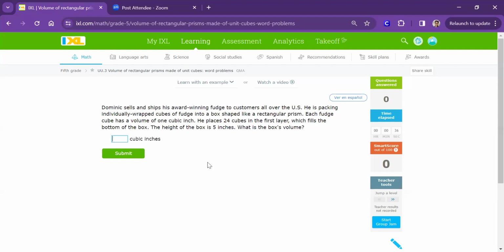So looks like they already gave the area because it says he placed 24 cubes. So that would probably be like 6 times 4 or 3 times 8. And so then they're asking for the box's volume. And so in this case, I would just multiply 24 times 5, okay? Because I'm on the computer.